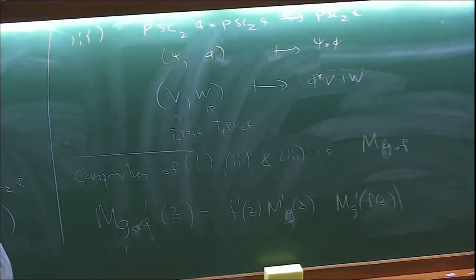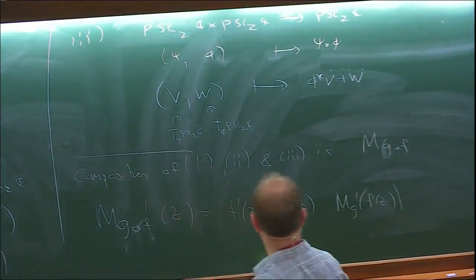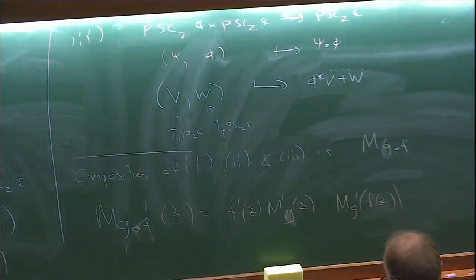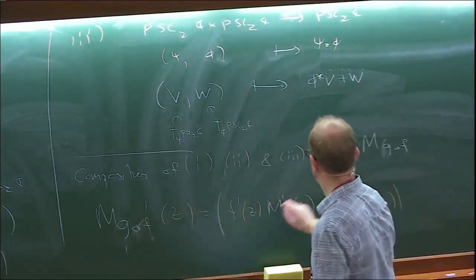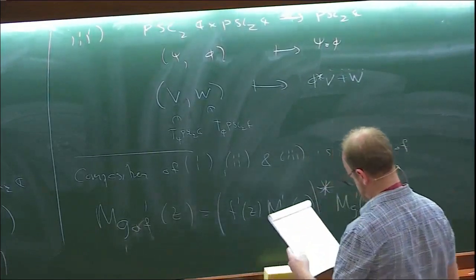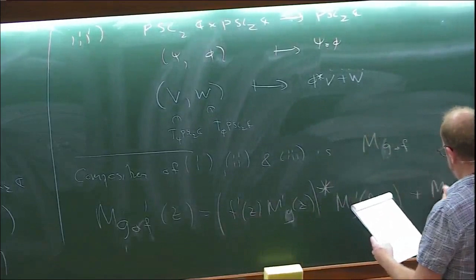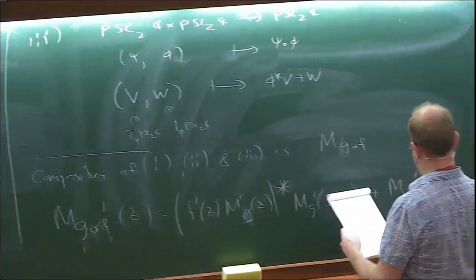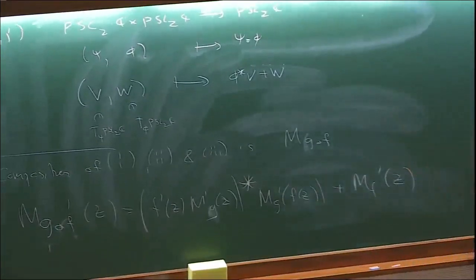This becomes f prime. I'm totally confused if I did the f and g's messed up in my thing. Does that look right, Mahan? Did I mess up the f and g? I think I did this correctly.